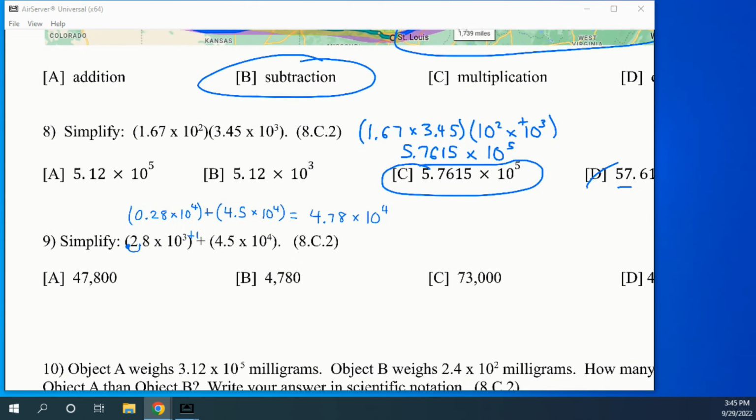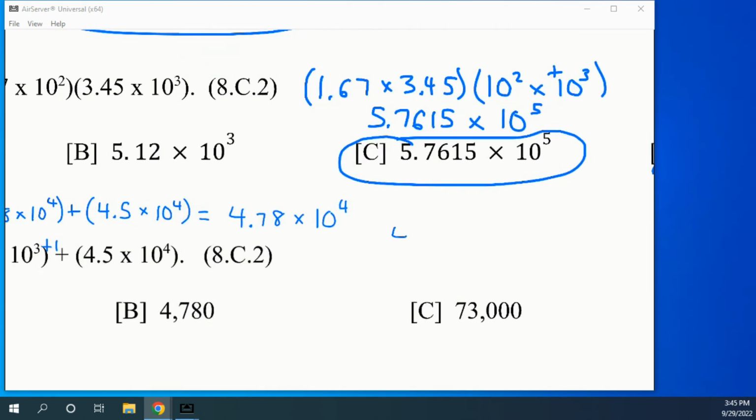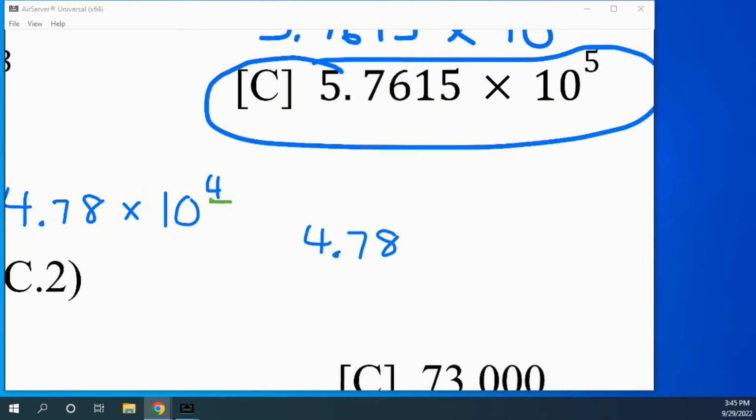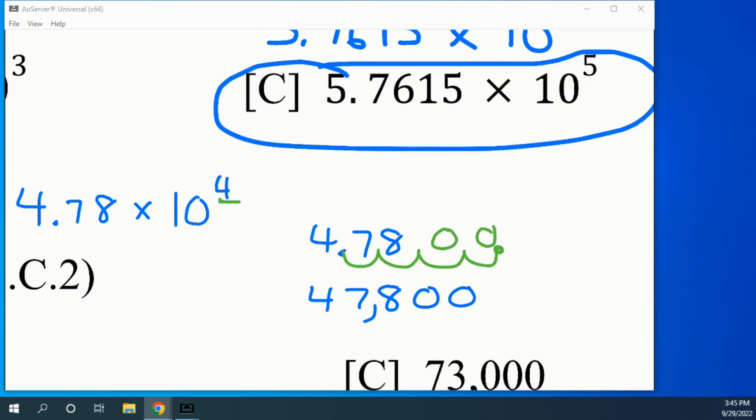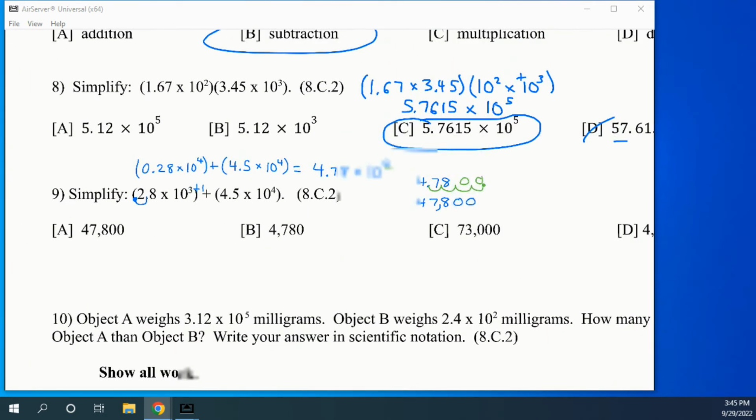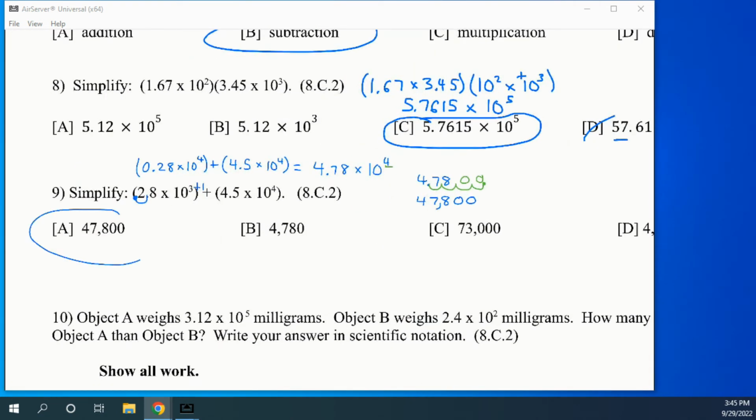So what we'll do is take this 4.78 and use the exponent of 4. We will move our decimal 1, 2, 3, 4 places and fill in those blank spots with zeros. So this would be rewritten as 47,800. A is going to be my solution for number 9.